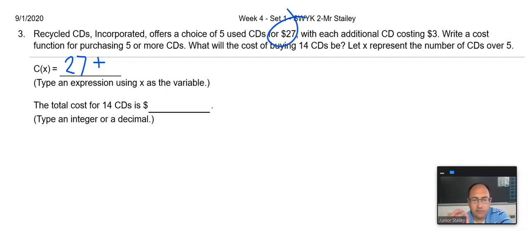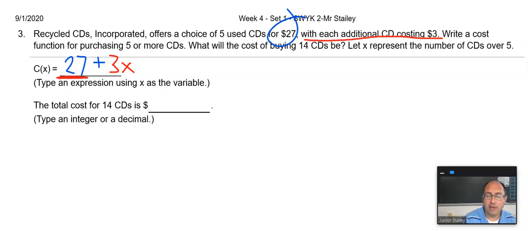Let's focus on the function first. Ignore the rest of that stuff. When I go up, let's say I've got 7 CDs. The first 5 are going to get charged $27. After that, each additional CD is going to cost me $3. So $3 times however many I have that are over the first 5.